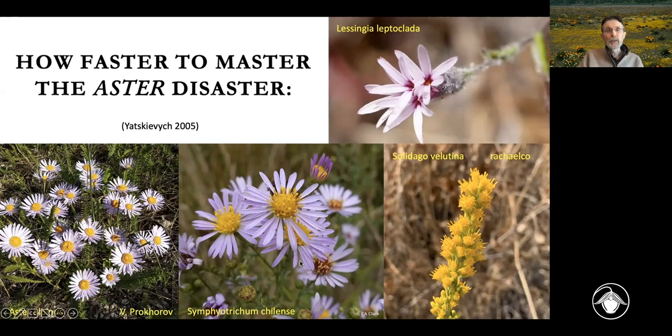And then molecular phylogenetic data showed in 1999 that almost all the genera within New World tribe Astereae, including such disparate things as Lessingia and the goldenrod Solidago, were represented in one major New World radiation that included all of our New World asters.